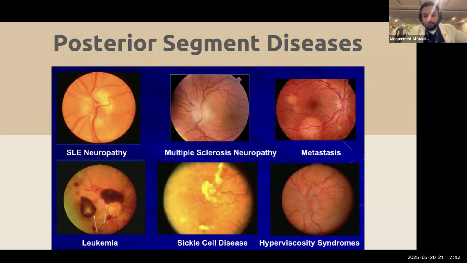Leukemia, blood cancer. Sickle cell, I don't think you'll need to identify it. Hyperviscosity, same thing. You'll learn what these two are somewhat in hem-onc. And then that's pretty much it. This causes optic atrophy, this causes optic atrophy, and this causes optic neuritis. Same as the optic neuritis that we saw, different picture, but it's the same pathology.